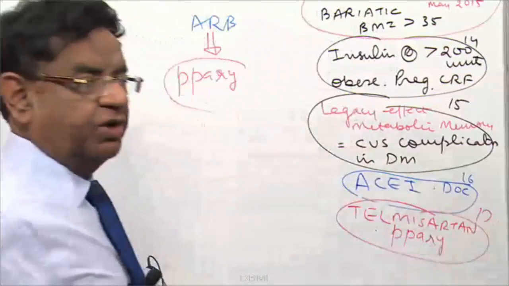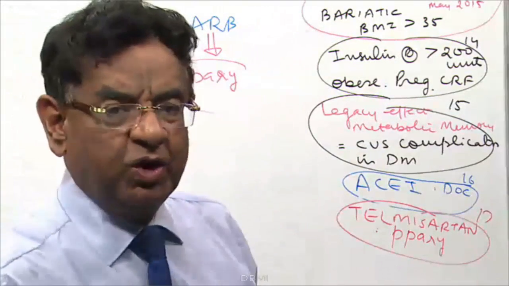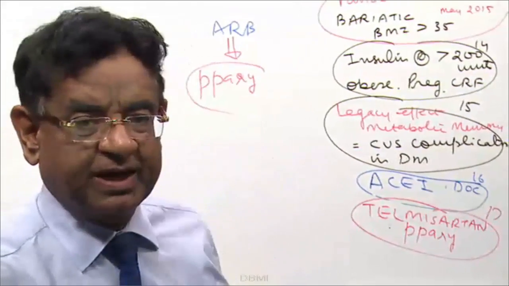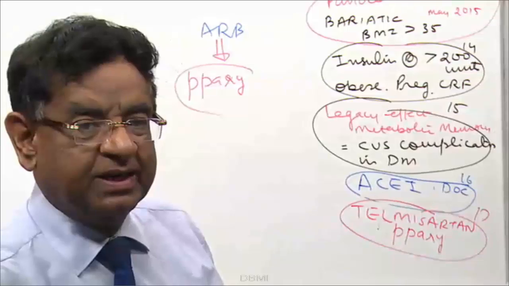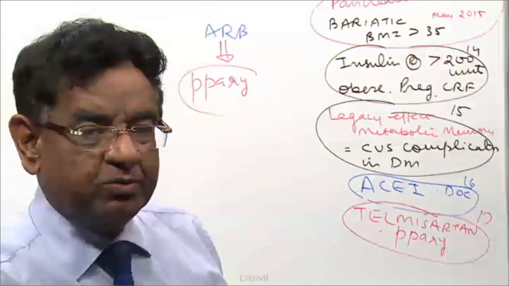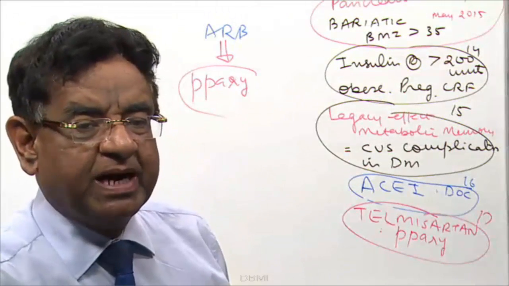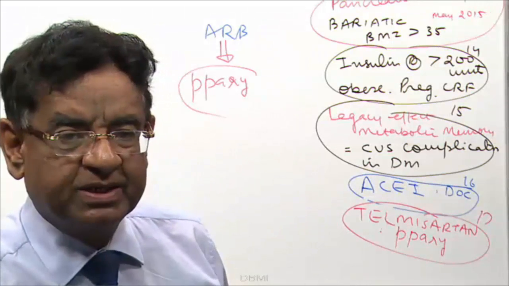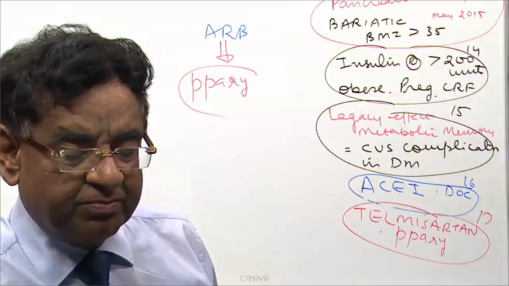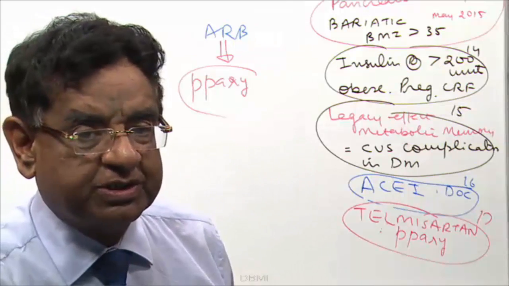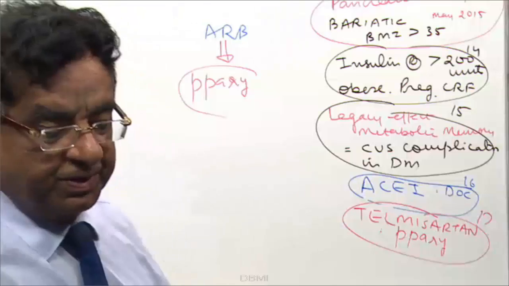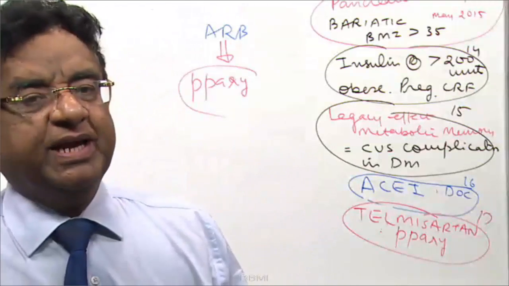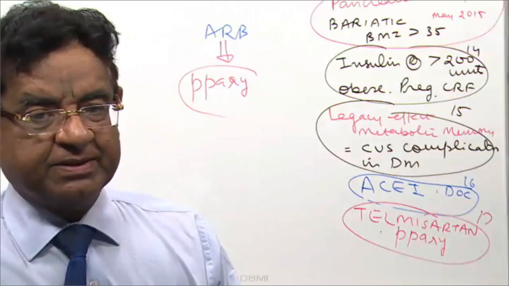A prospective new question you will not get anywhere, but widely discussed in all the conferences, so you are bound to get this question. Again, I am emphasizing, all the new concepts and new drugs discussed by the professors of various medical colleges in the big conferences, which are not given in any other books, are the hottest questions they are going to ask you. So telmisartan is a new drug, the only ARB which acts on the PPAR gamma receptor.